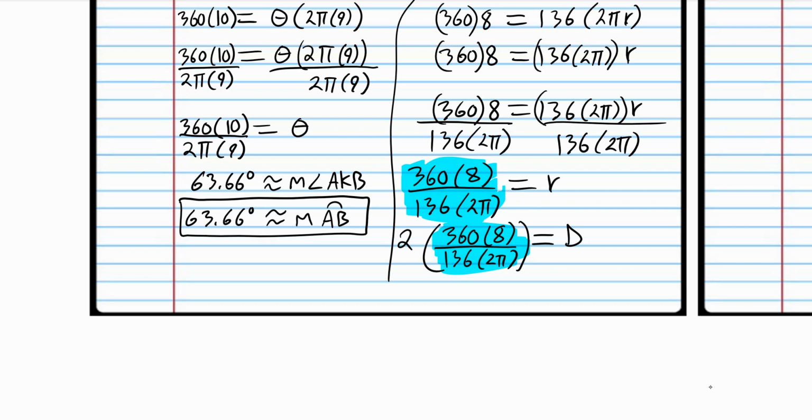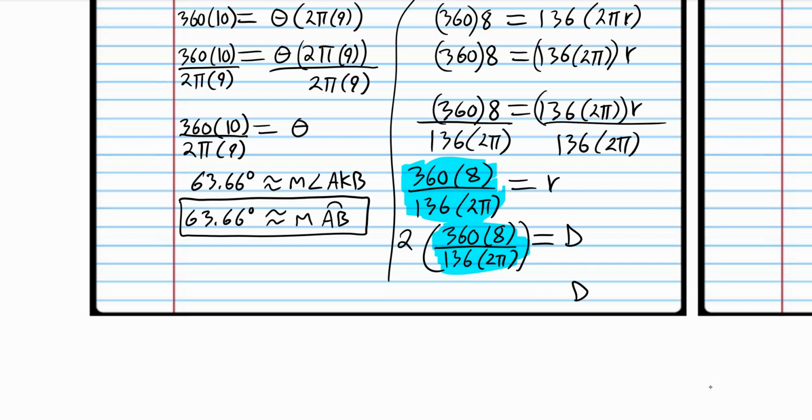Alright, so in the calculator, I'm going to do 360 times 8 equals, divided by 136 equals, divided by 2 equals, divided by the pi button equals, and then all that times 2 equals 6.74.